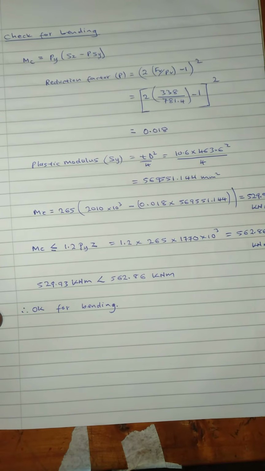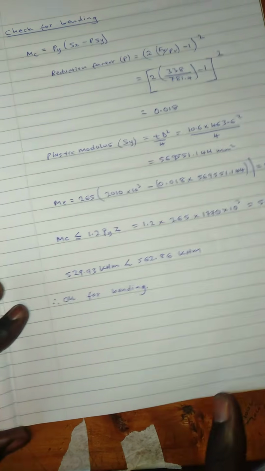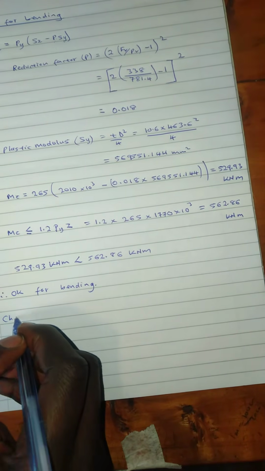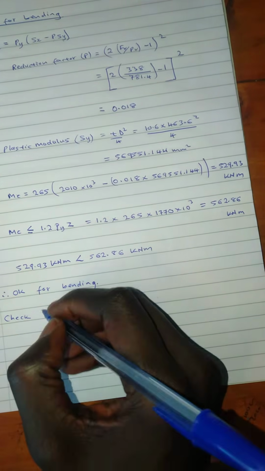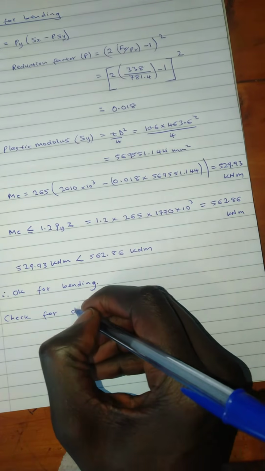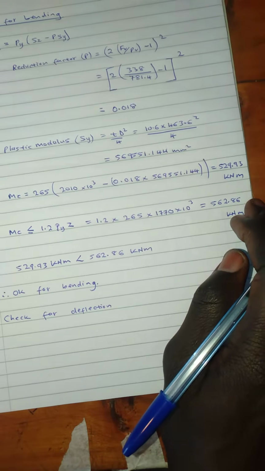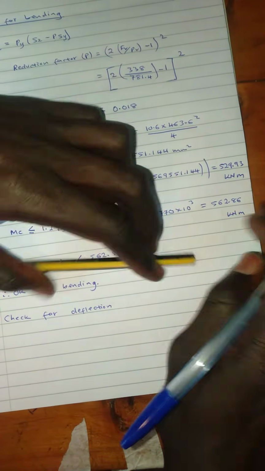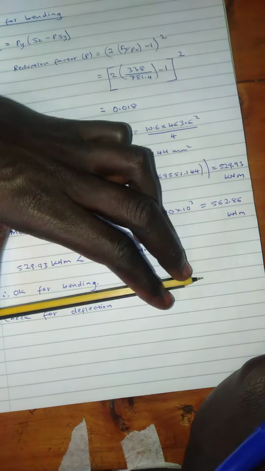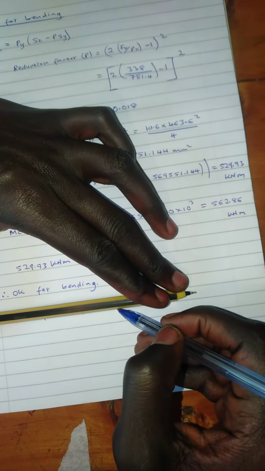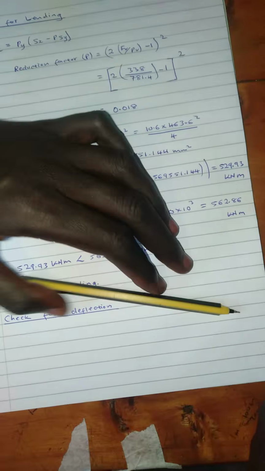So let's check for deflection. We have ignored the self weight of the beam, but otherwise we could have also calculated it.